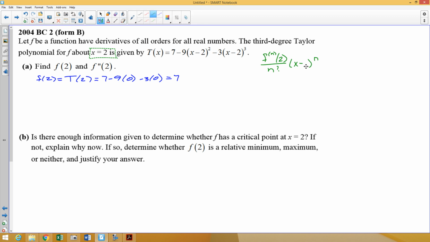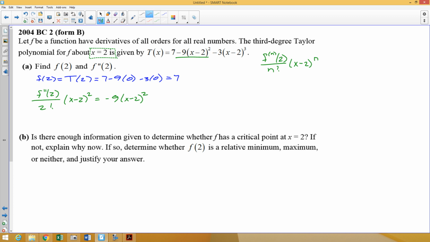And in this case, a is 2. So if I want the second derivative of f at 2 over 2 factorial times x minus 2 to the second power, that would give me my second degree term, which would be negative 9 times x minus 2 to the second power.